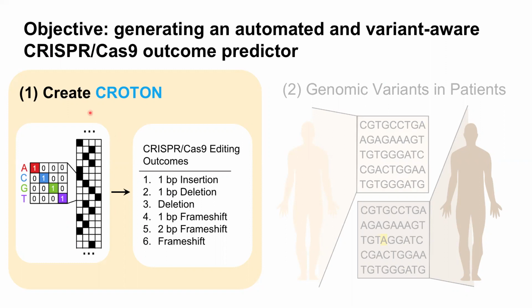CROTON processes a particular 60 base pair long target sequence, and then it outputs a list of these 6 editing outcomes, which are 1 base pair insertion and deletion probability, as well as deletion frame shift frequencies. And notably, since all of these editing outcomes were interrelated, we chose to utilize a multitask deep learning framework, which can outperform single task learning by leveraging features derived from multiple prediction tasks.